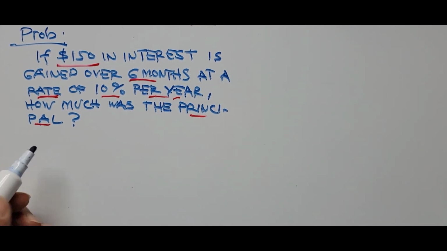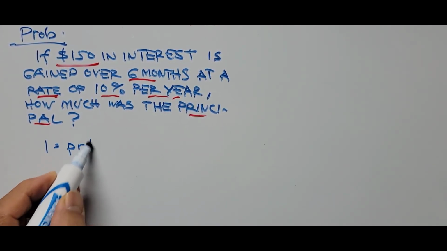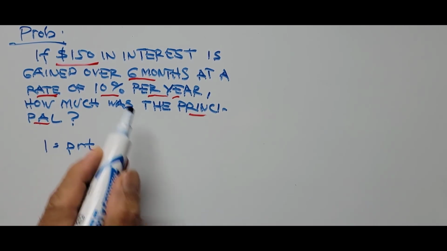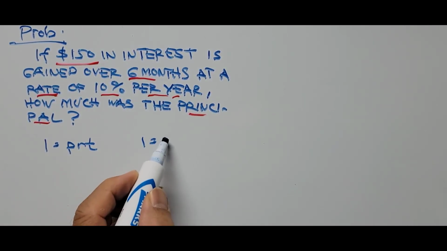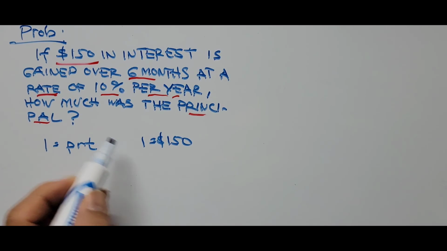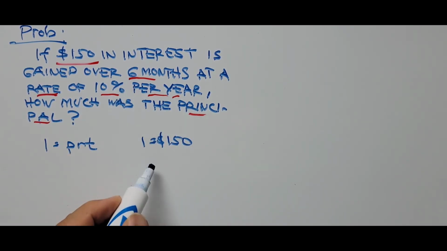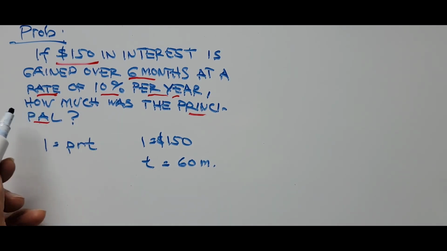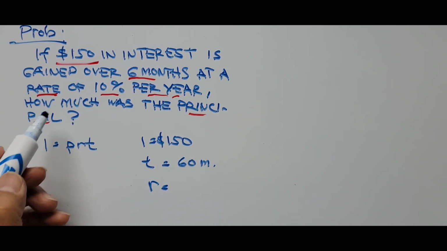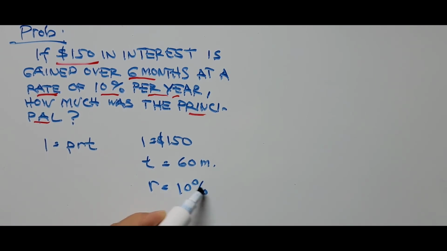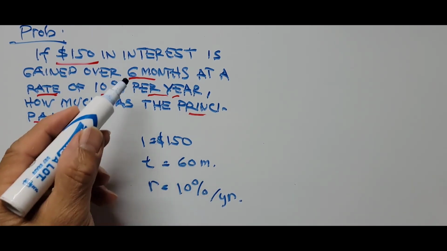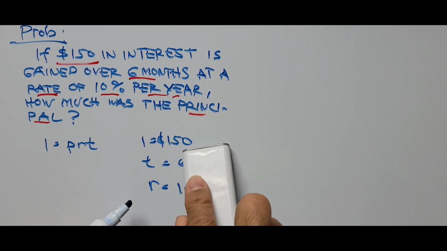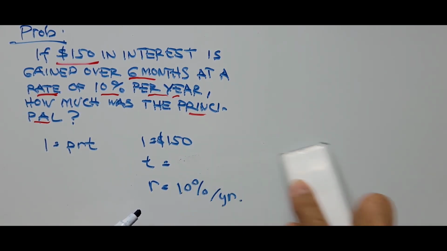From the formula I is PRT, the given is the interest, so I is 150 dollars, the time T is 6 months, and the rate, the interest rate, is 10% per year. And if you notice, the time is 6 months, not 60. So that's 6 months. All right, my mistake.